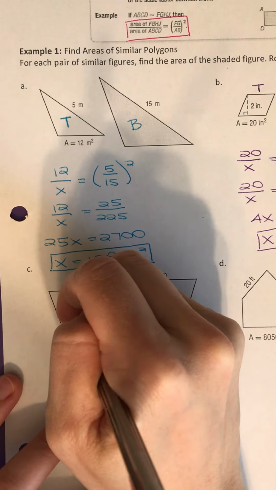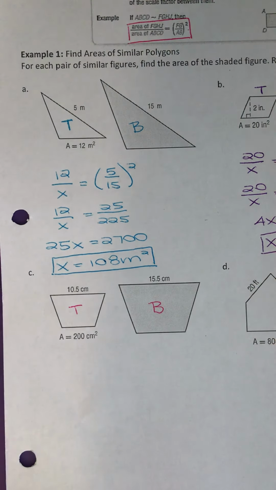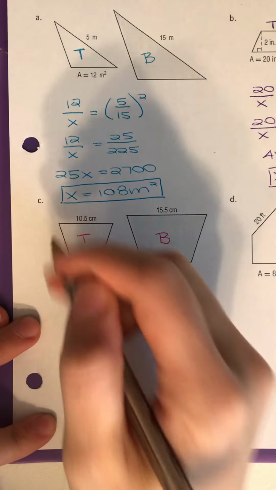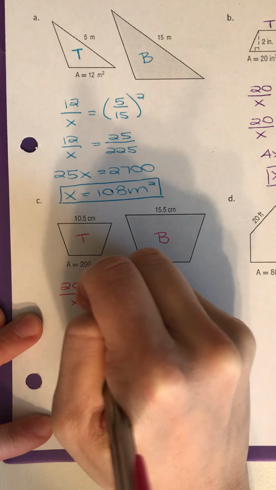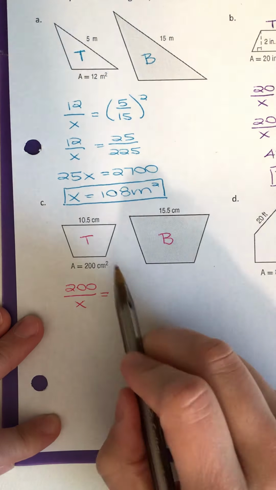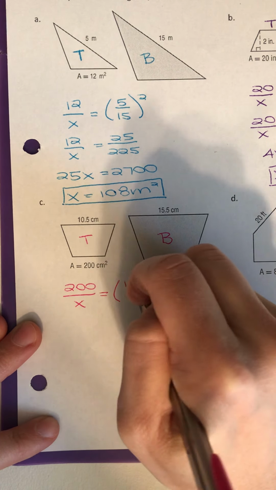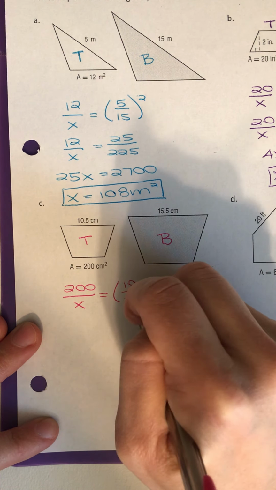All right, let's try another one. If you feel like you're ready to try the last two on your own, you can move ahead. If not, I'm going to keep going. My area is 200 over x. My sides are 10.5 and 15.5.